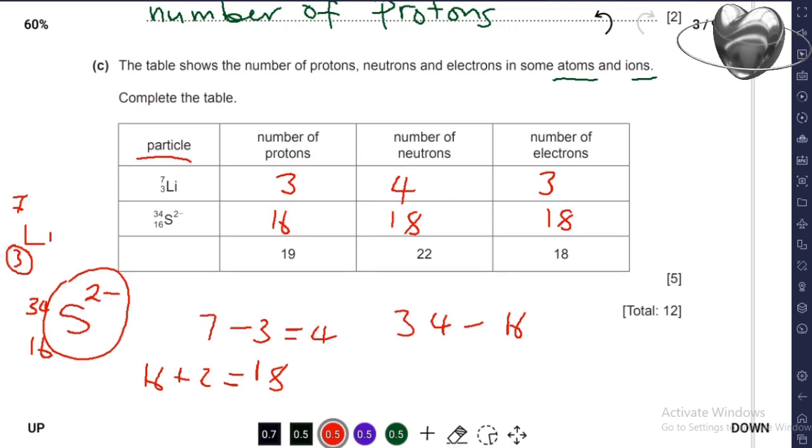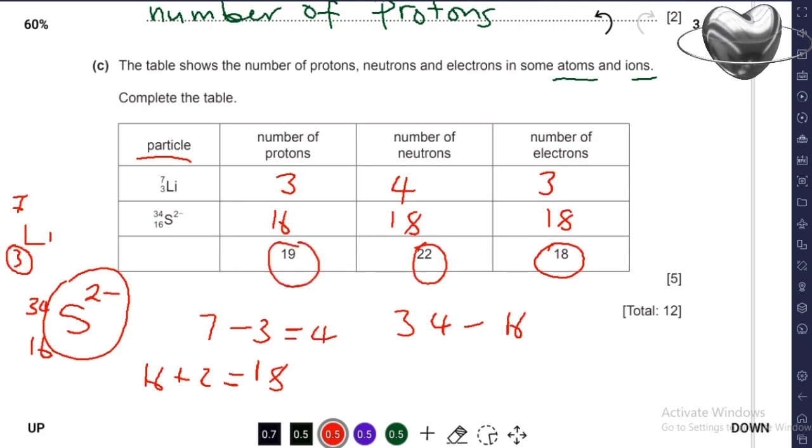And then from here, okay, fine. Here they have given us 18 electrons, 22 neutrons, and 19 protons. What are we going to do?